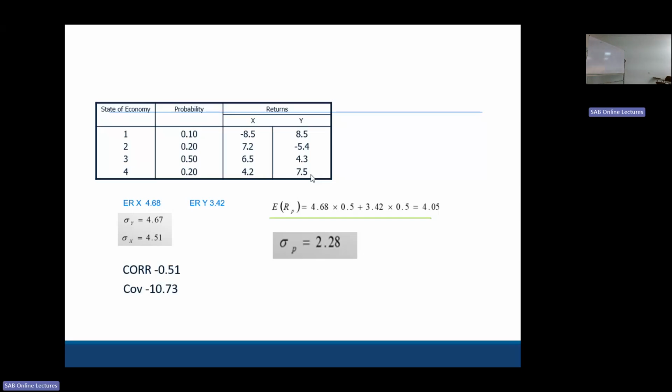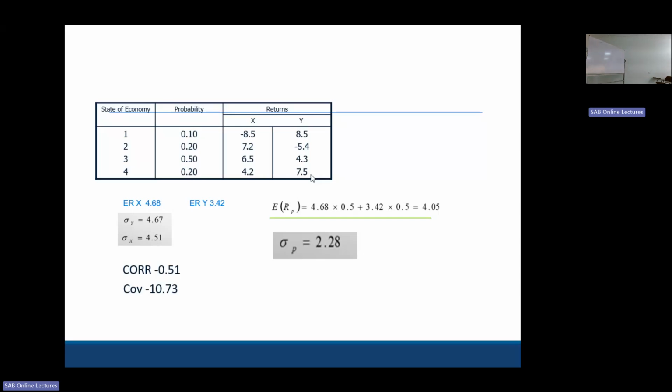If you invest in X only, the standard deviation is 4.67. If you invest in Y only, it is 4.51. If you construct a portfolio using X and Y, you can reduce risk with a fair return, because portfolio return is also around 4.05. So you can reduce the risk to 2.28.